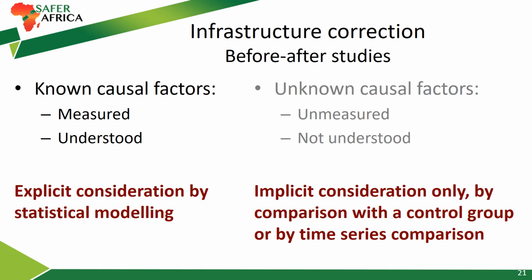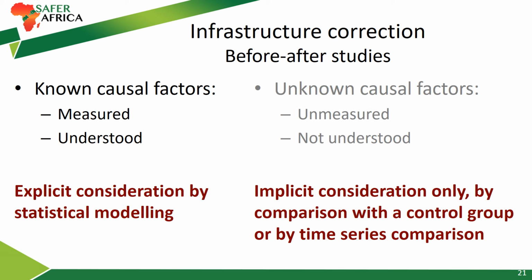Known causal factors such as regression to the mean, traffic developments, and overall long-term crash risk trends may be considered explicitly by statistical models if the underlying variables are measured and understood.